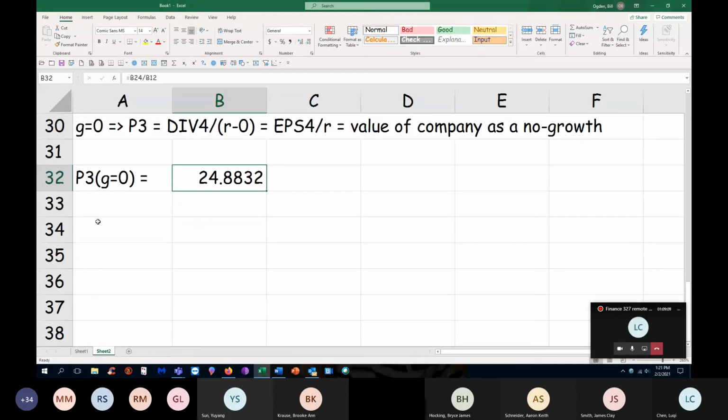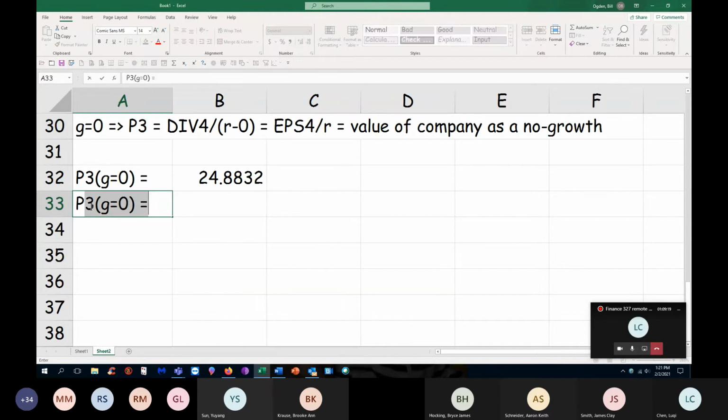Okay, so there's two parts to the value. Just P3, on the other hand, has two parts. Plus the present value of the growth opportunities, PVGO. You see, so these aren't the same, are they?